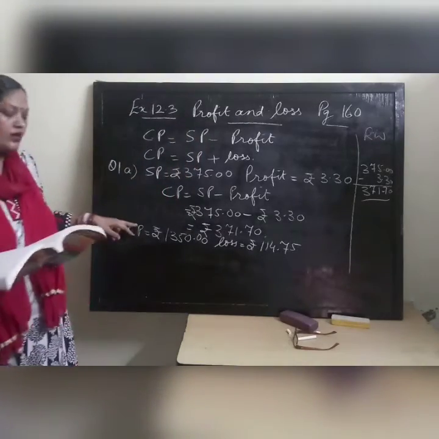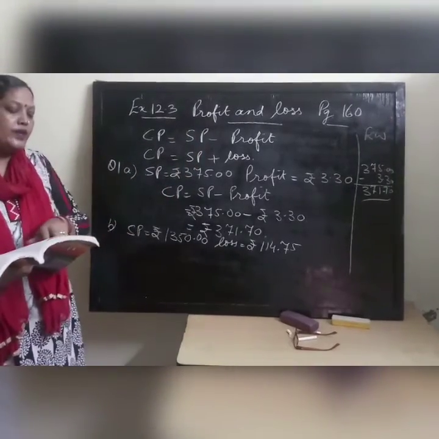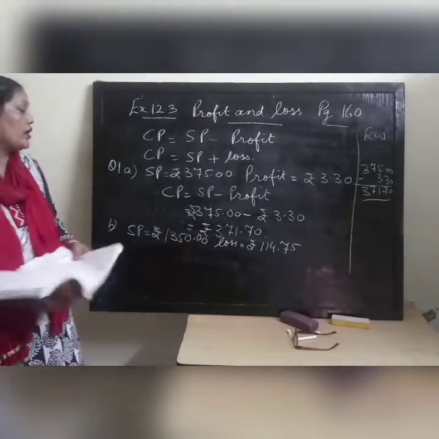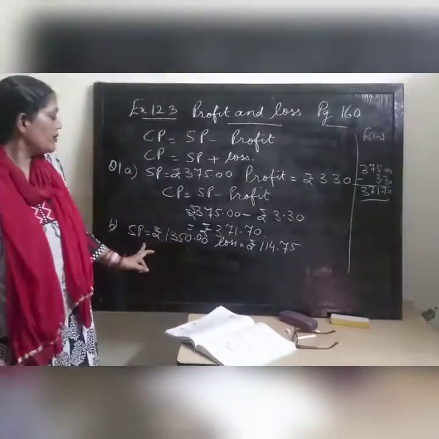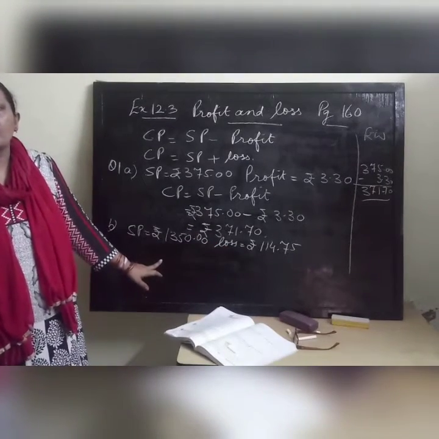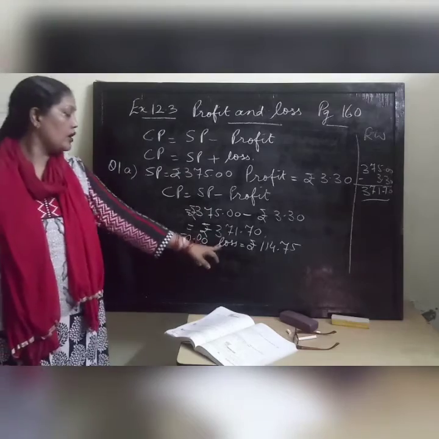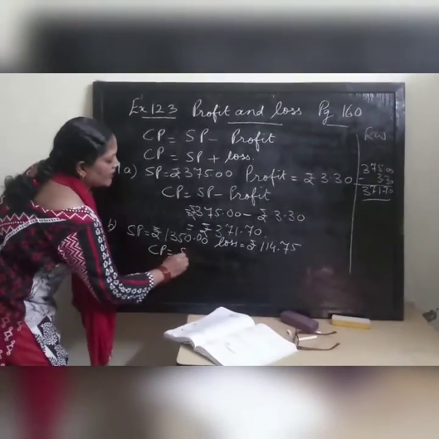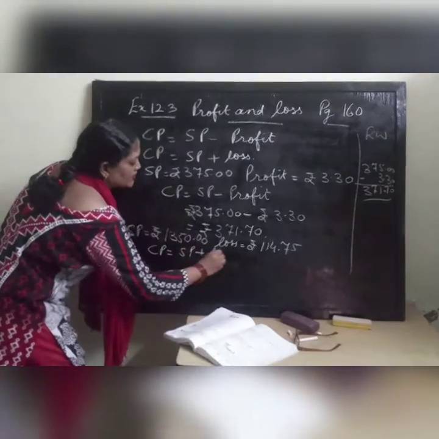See students, what is the selling price given? Rupees 1350. Loss is rupees 114.75. Now tell me students, if loss is there, then cost price will be more. For more, we have to add this loss to the selling price. So cost price will be SP plus loss.